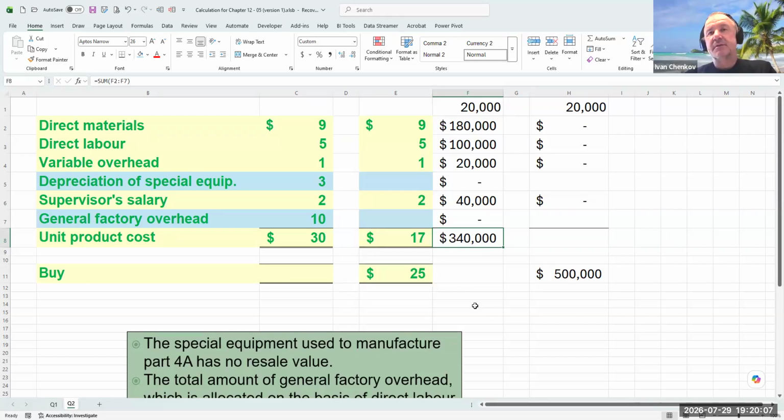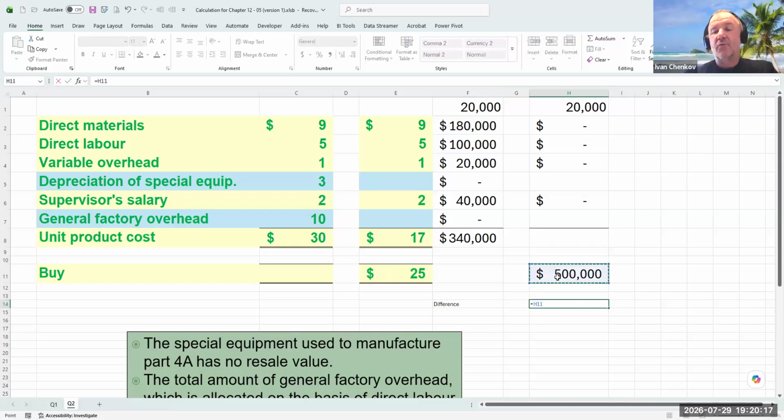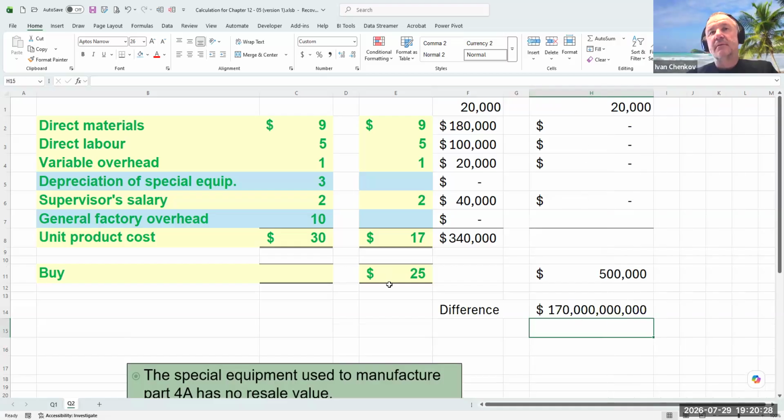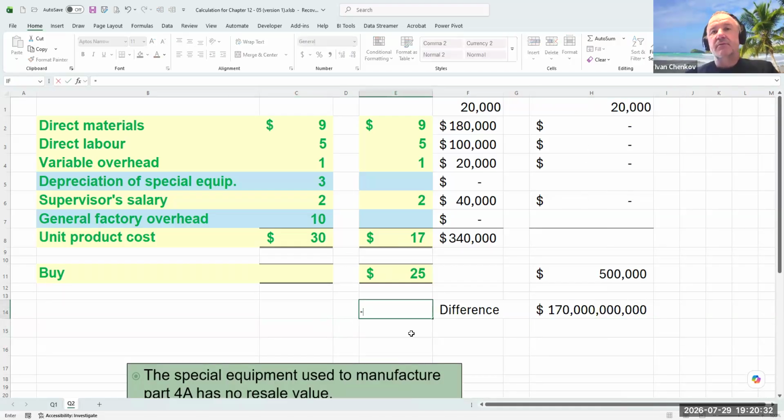So how much is the difference here? The way I see it, the difference is exactly $160,000. Where does that difference come from? Well, obviously, that difference comes from the fact that we have an $8 difference on the unit price.